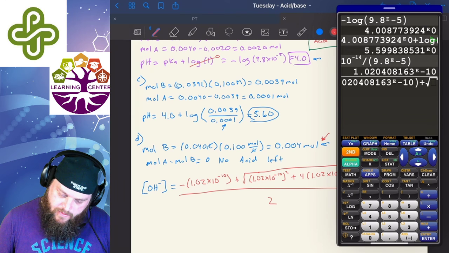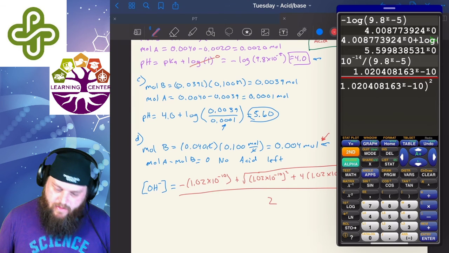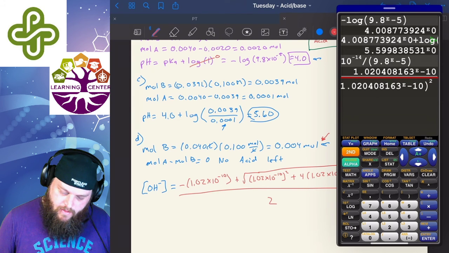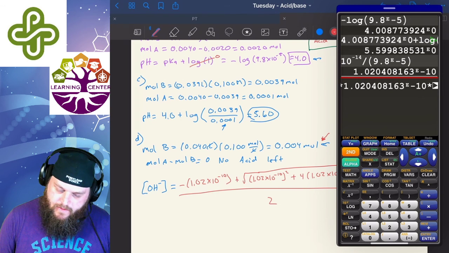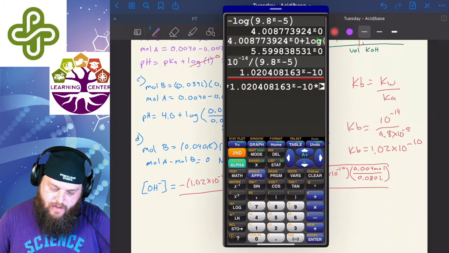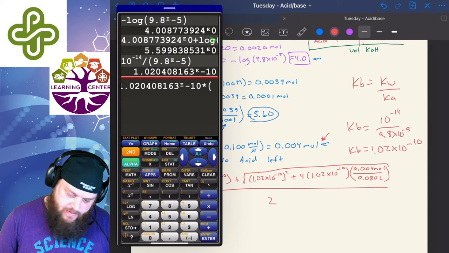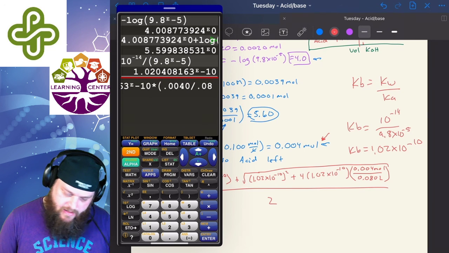First, I'm actually going to put a parenthesis in, then grab my Kb, so I can close that and square it. So this should be Kb squared. And I'm going to add to that 4 times that Kb value times the concentration. That concentration, I said, parenthesis, 0.004 divided by 0.08.